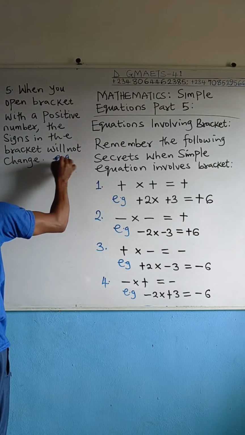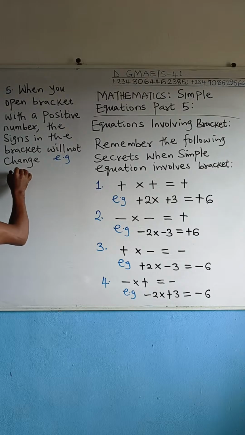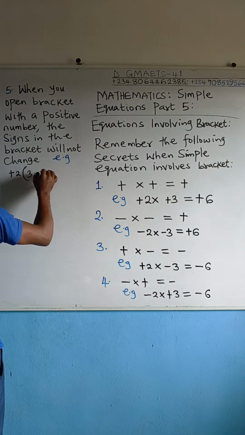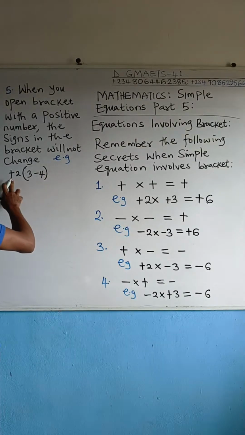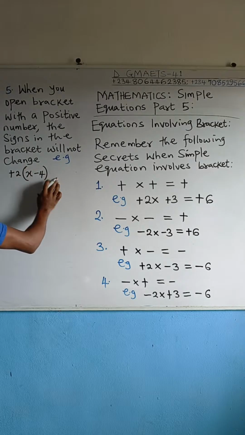I'll give you an example here, e.g., imagine that I have something like plus 2 open bracket x minus 4.